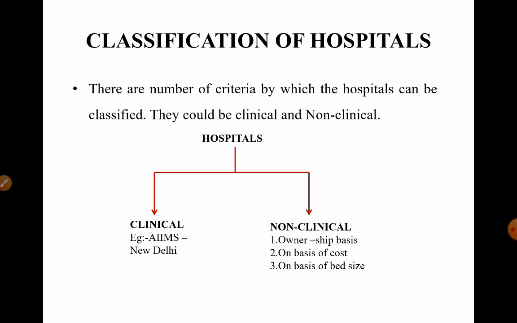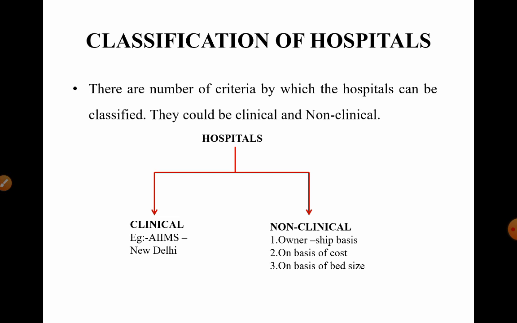So like that, based on clinical aspects, hospitals are classified. A big example is the AIIMS hospital at New Delhi, which provides all the clinical services to patients. Next is the non-clinical basis, that is on the basis of ownership, the basis of cost, and the basis of bed size, which we will see in the coming slides.